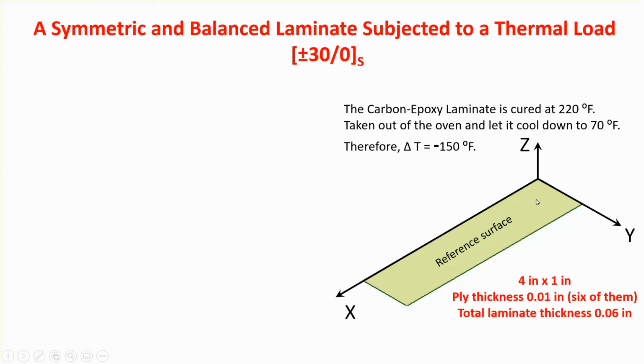Now, this composite is formed. The layup has been made, and you take it and put it in an oven and raise the temperature up to 202 degrees Fahrenheit, which is the cure temperature for carbon epoxy. Once it reaches there, it solidifies. At that state, right before it reaches that temperature, it's got zero stress in it.